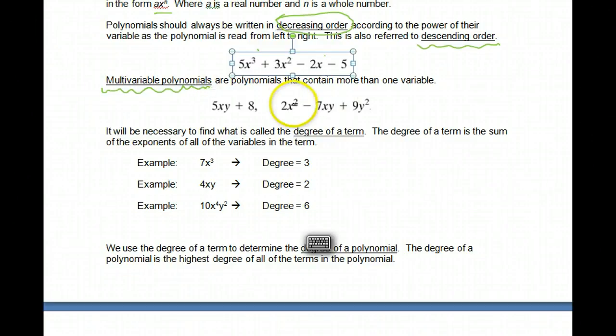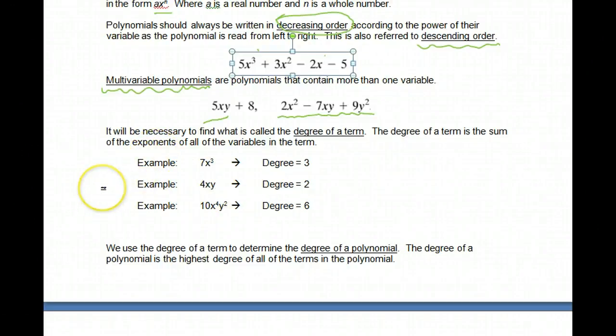So you'll see we have 5xy plus 8. Another example is 2x squared minus 7xy plus 9y squared. Just note that polynomials can have a single variable in them, or they can have multiple variables. It just depends on what our situation is.